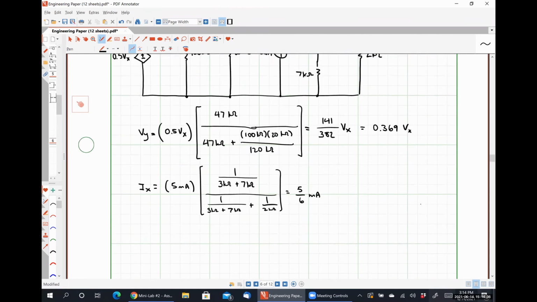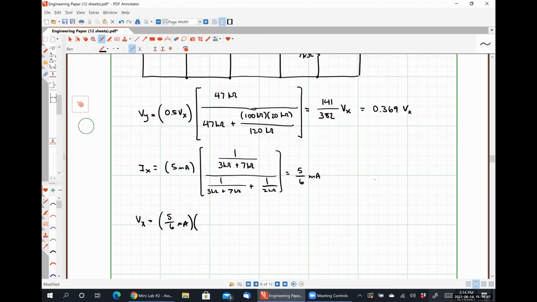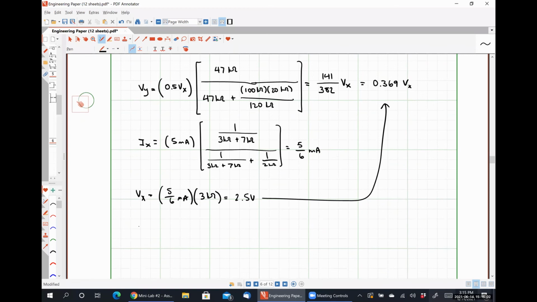From this, Vx is 5/6 of a milliamp times 3 kiloohms, which gives me 2.5 volts. And I can substitute that in up here, and I find finally that Vy is equal to 0.923 volts.